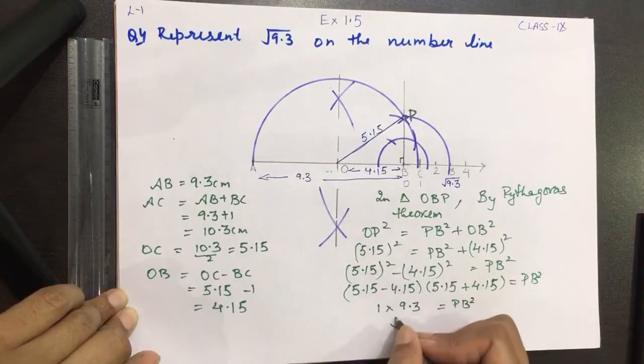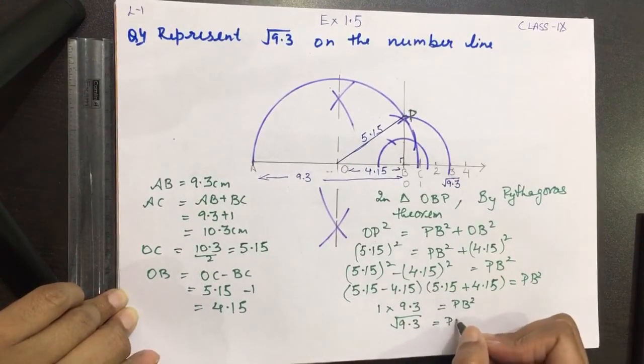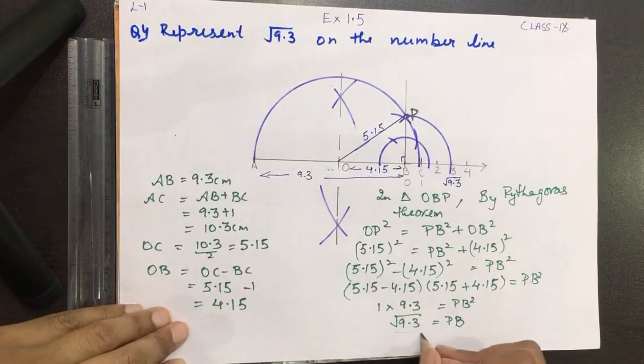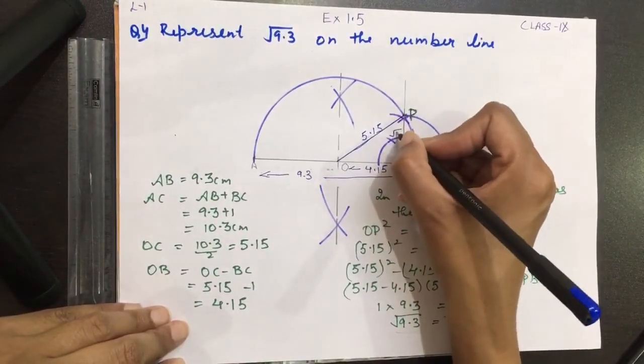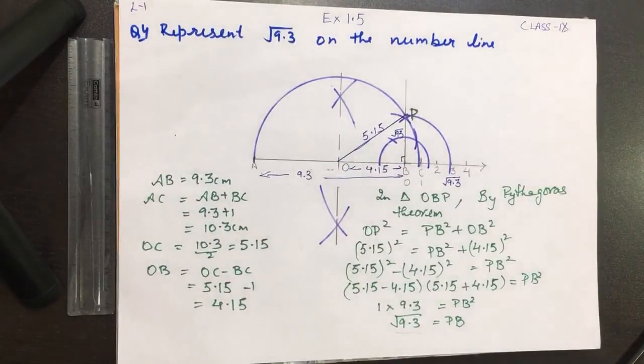When it goes to the other side of equality, it will become 9.3 as PB square. So have you understood? This is my PB. We got this root 9.3, and taking its radius we drew further. Thank you.